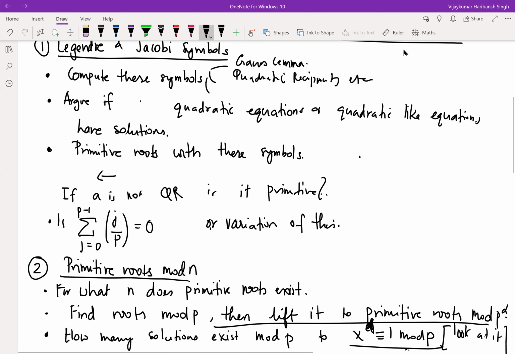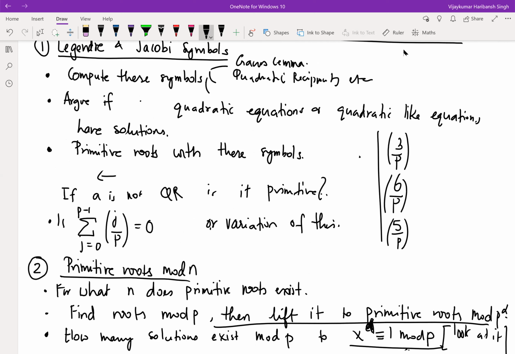Another interesting problem here, we already saw in our assignment, okay, I'm going back and forth as I remember. We saw 3 by p. What about 6 by p? Or what about 5 by p? Can we come up with formulas for these? Again, the idea is to use what we did for 3 by p.